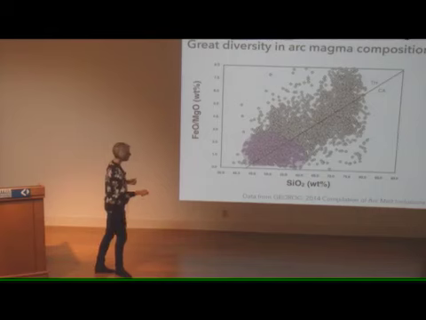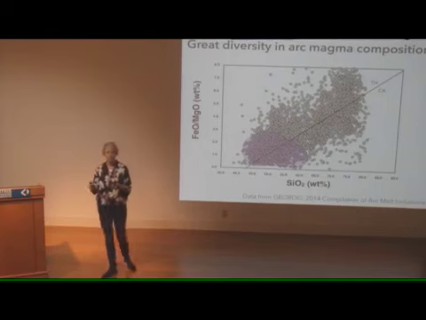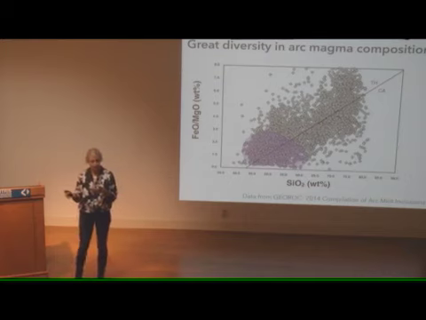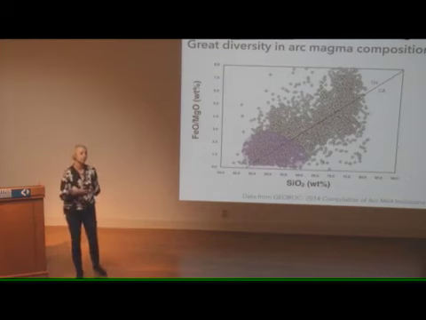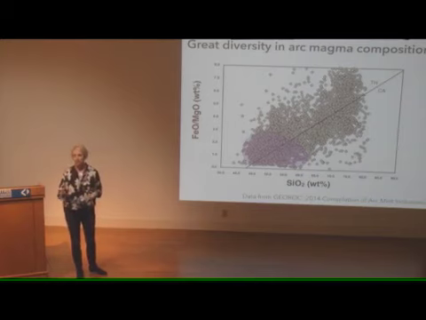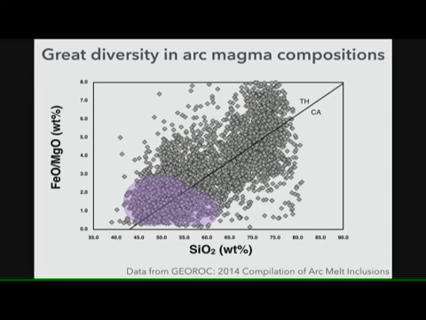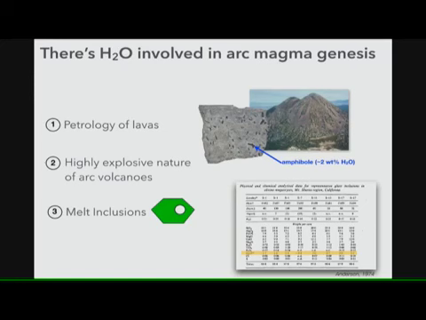So these are all primitive melts. And if we do some small corrections to them to get them back to be in equilibrium with the mantle, they could then be primary melts. So today we're focusing on how we produce these primitive melts at subduction zones, which presumably then give rise to the diversity of more silicic compositions that we see. And that's what that bubble says there.